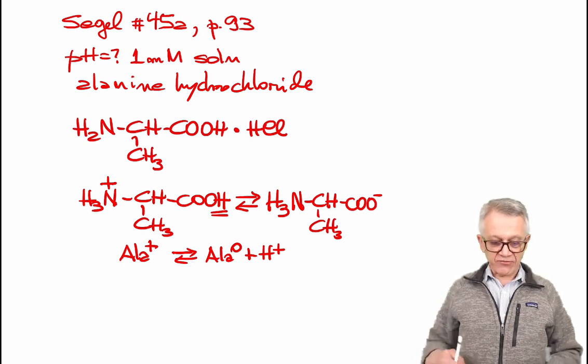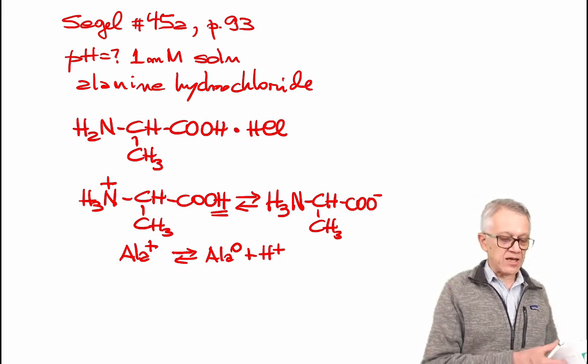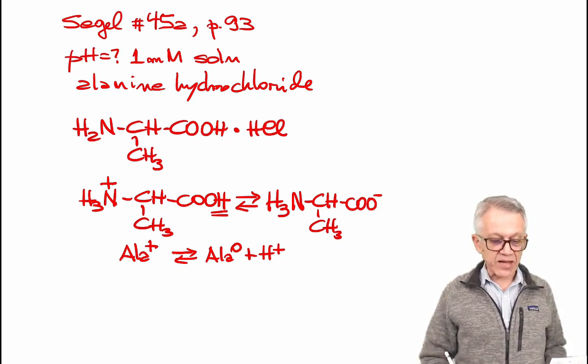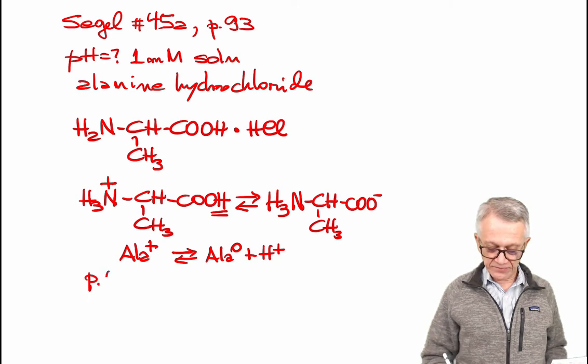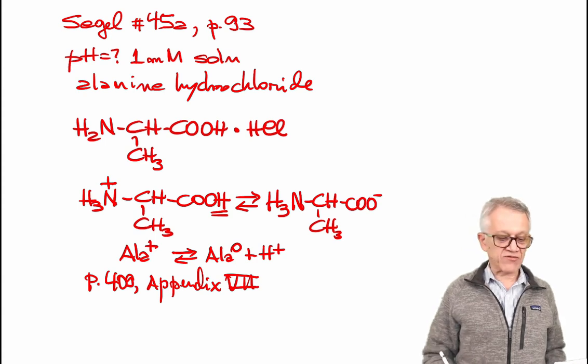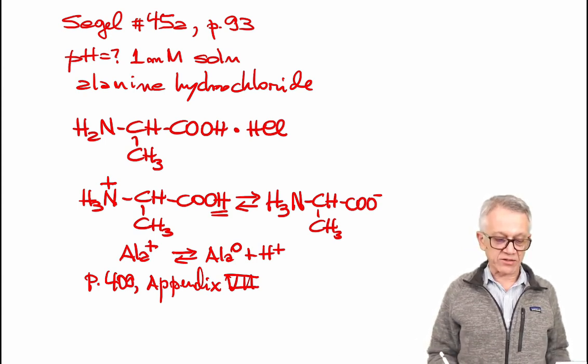So for solving the problem, first we need to know the Ka. The Ka we are going to find here in Segel on page 409. You could use another table, there is appendix 7, where you can find all this relevant information, and obviously in an exam you are going to be provided with that information.